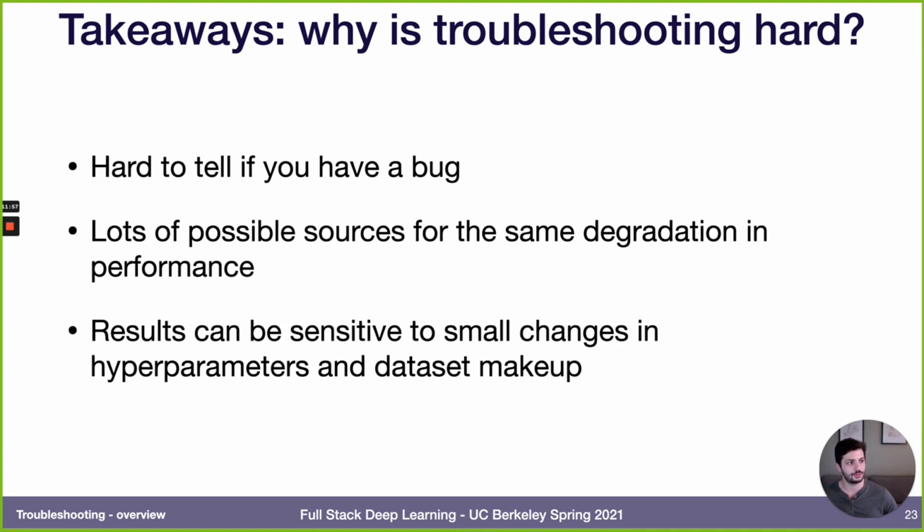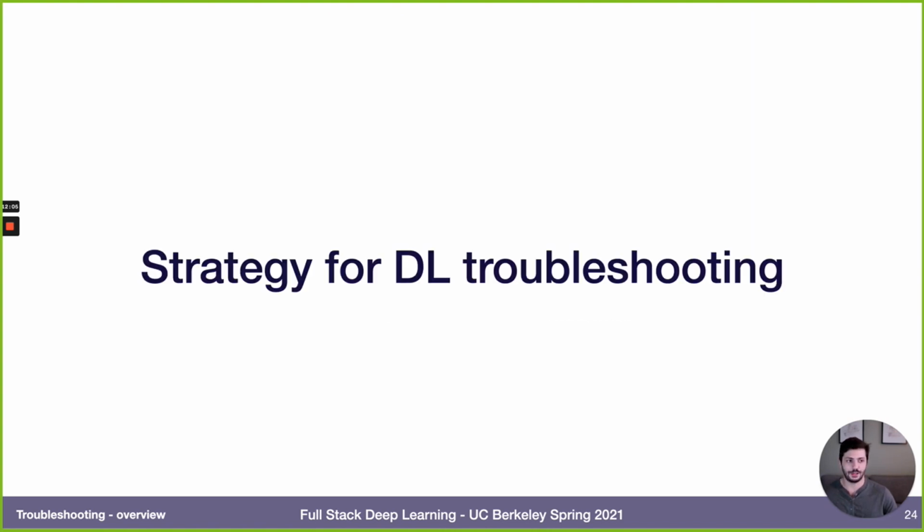Those are some of the main reasons why it's hard to troubleshoot models once you're building them. So the bulk of what we're going to talk about today is a strategy for troubleshooting neural networks.